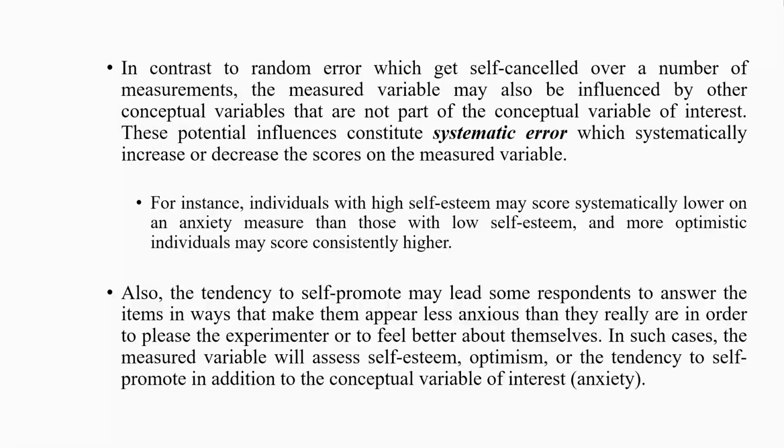In contrast, however, there is another kind of error that can be slightly problematic, which is called the systematic error. Okay. So, the measured variable can also be influenced by other conceptual variables that are not part of the conceptual variable of interest. These are called extraneous variables or confounding variables, and sometimes we find that when we are conducting our experiments, these confounding variables have an influence in a very systematic way on the dependent measure that we are taking.